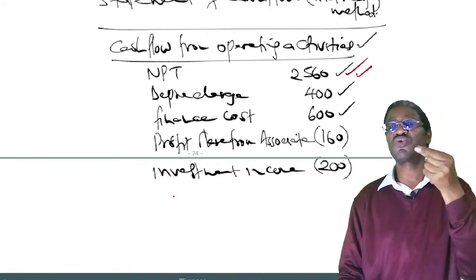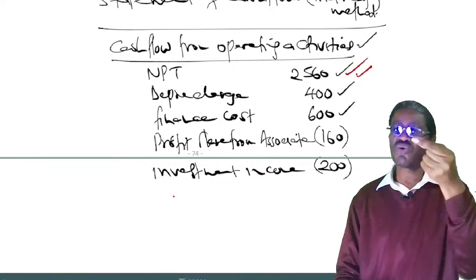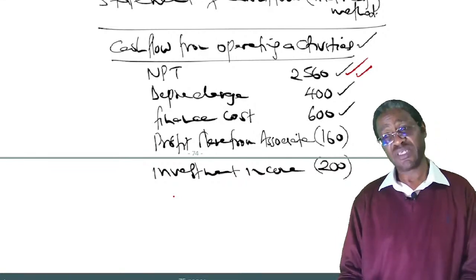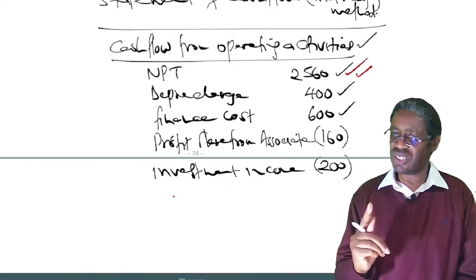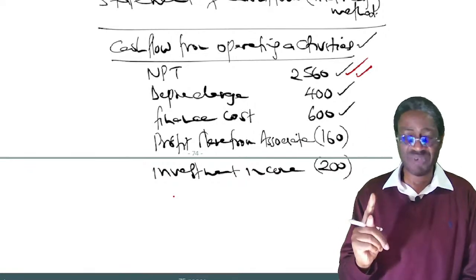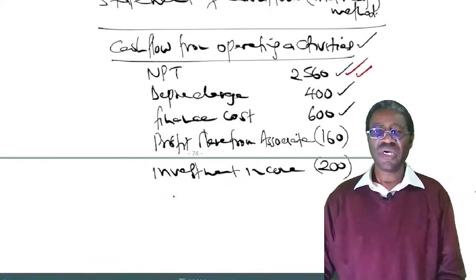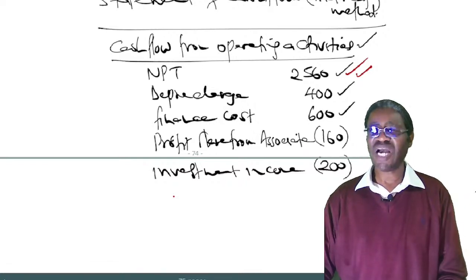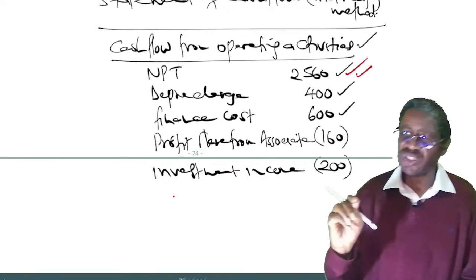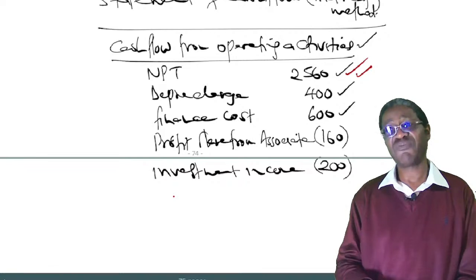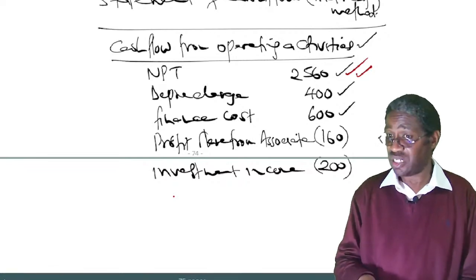It's supposed to go to investing activities. So I am adjusting it not because it's an uncashed item, but because it is supposed to be classified as an investing activity.